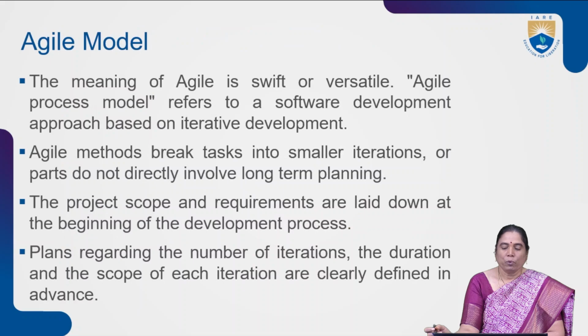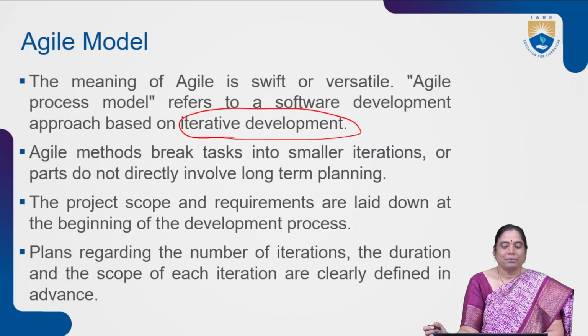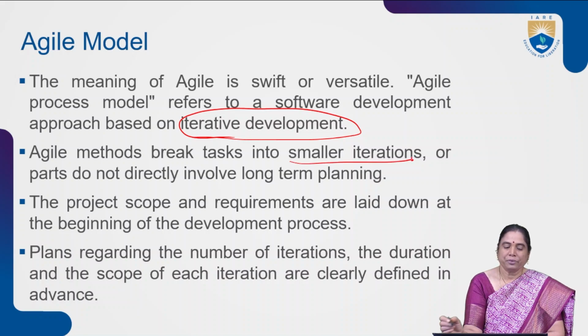In the Agile model, Agile focuses on software development approaches based on iterative development. The Agile method breaks the task into smaller iterations or parts and does not directly involve long-term planning.